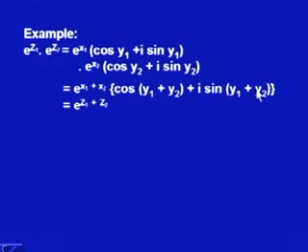So this is written as e^(x1+x2) times e^(i(y1+y2)), and that gives me e^(z1+z2). This formula is very similar to what we have for real variables: e^(x1) multiplied by e^(x2) is e^(x1+x2). So this formula is also applicable for complex variables.